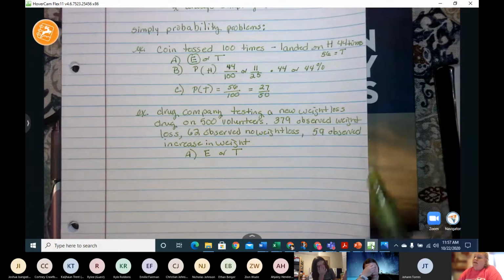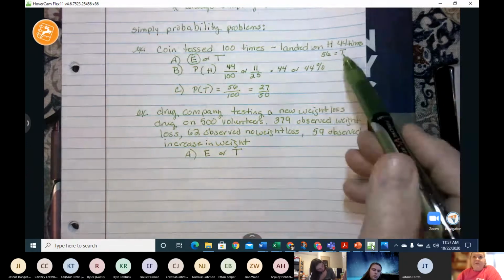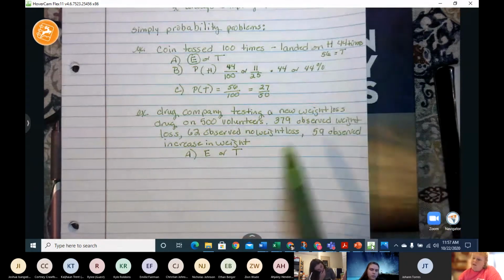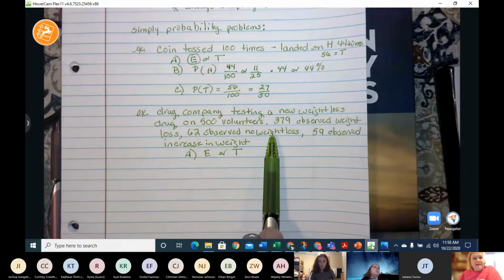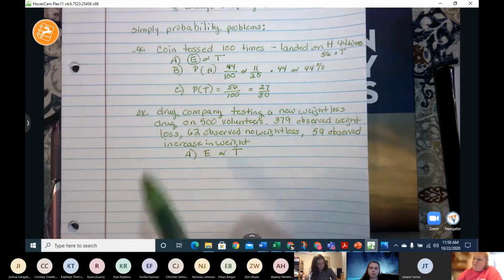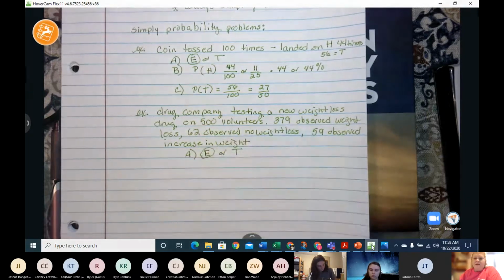Are we going to be using experimental data, or are we going to be using theoretical rules? We're using the actual data of the testing, right? So that means it would be empirical.